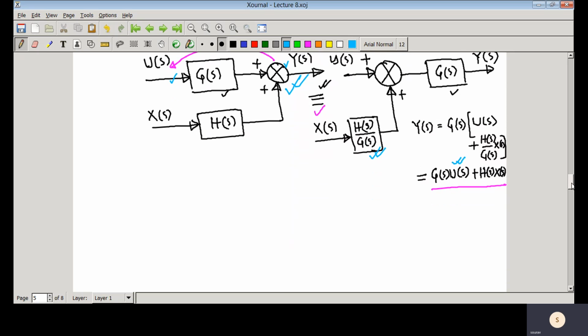So let us solve one example, and this particular example is under the heading block diagram reduction.